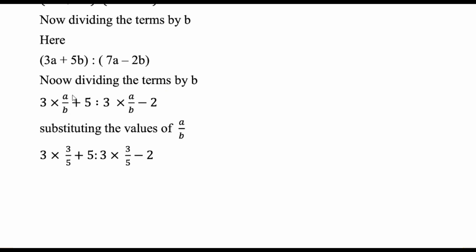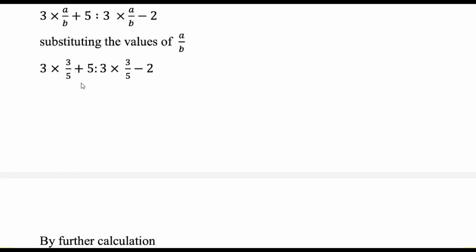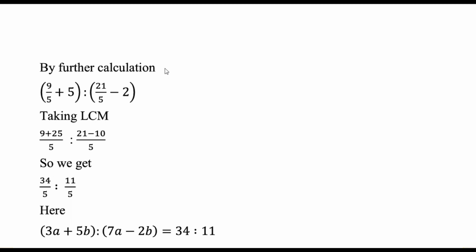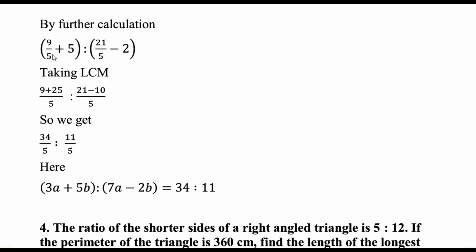So we get (3 into a by b plus 5) is to (7 into a by b minus 2). Okay. After substituting the value of a by b, we get (3 into 3 by 5 plus 5) is to (7 into 3 by 5 minus 2). After further calculation, you will get 9 by 5 plus 5 is to 21 by 5 minus 2.